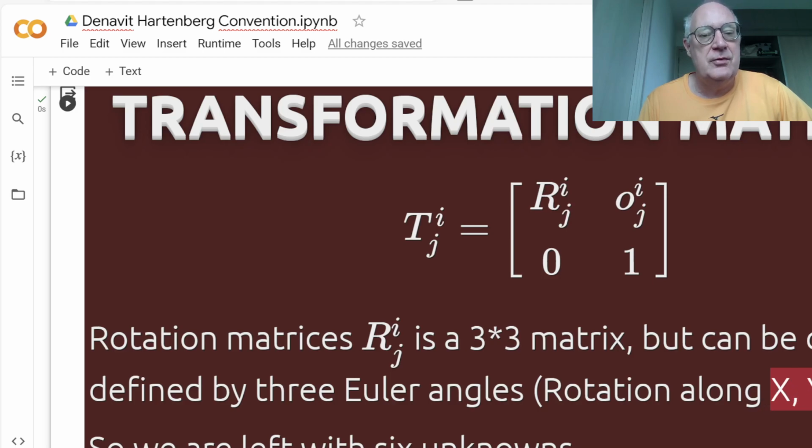Or if you rotate first by y, then x, you may also get a different result. So you need to fix the order of these 3 rotations the way that you want to do them.